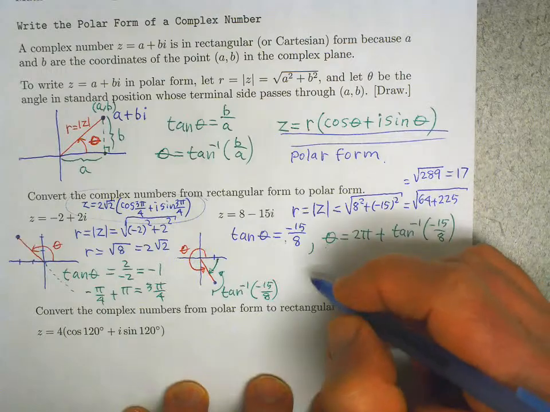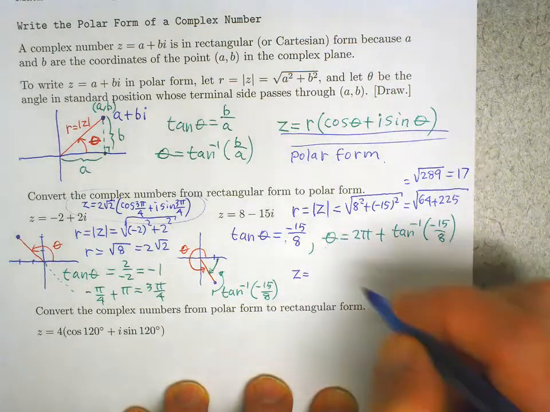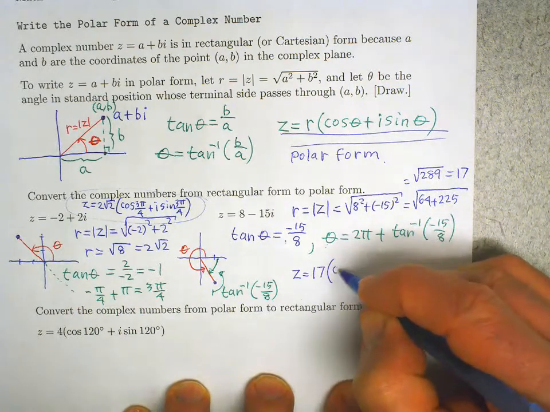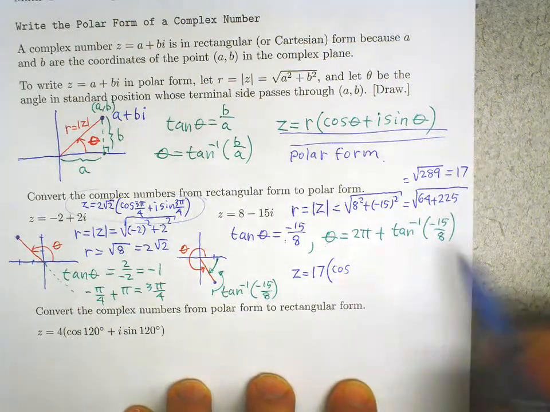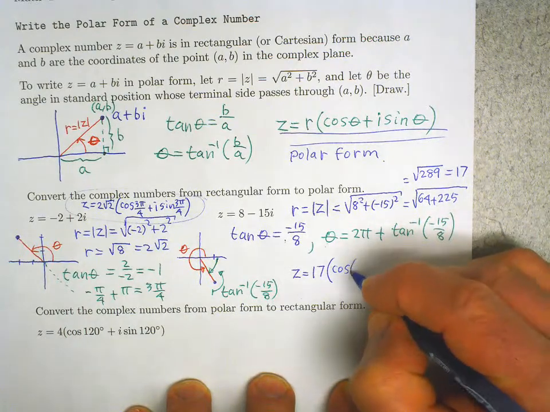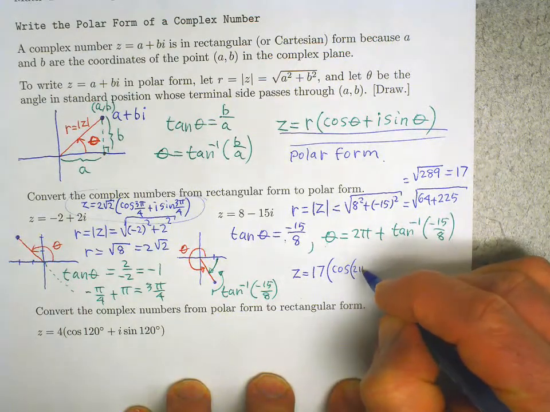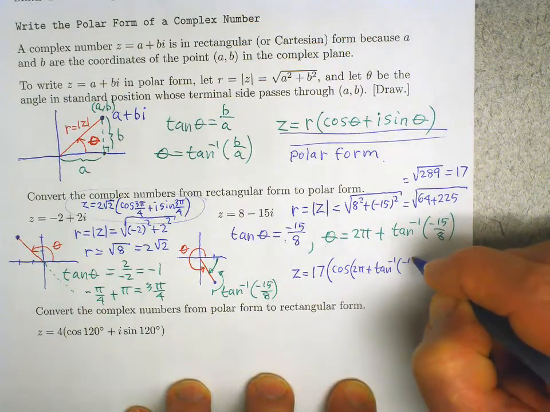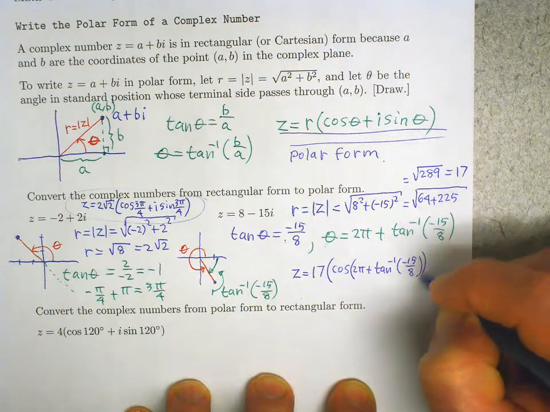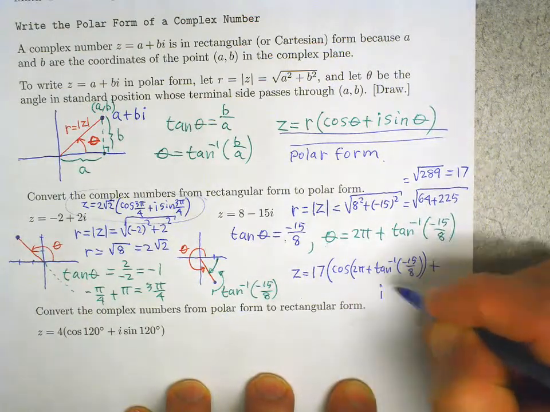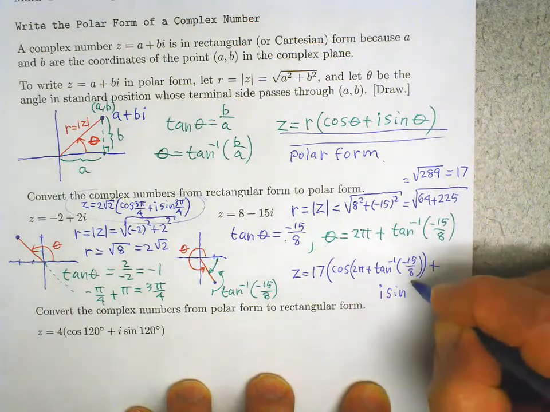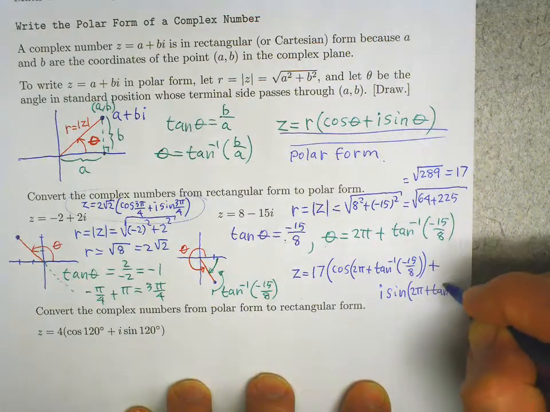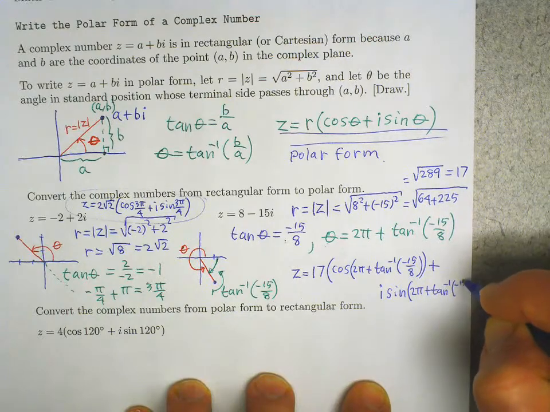Okay, so our polar form, z is equal to 17, that's the modulus, times the quantity cosine of that big angle, cosine of 2 pi plus inverse tangent of negative 15 over 8, plus i times sine of the same angle, 2 pi plus inverse tangent of negative 15 over 8.